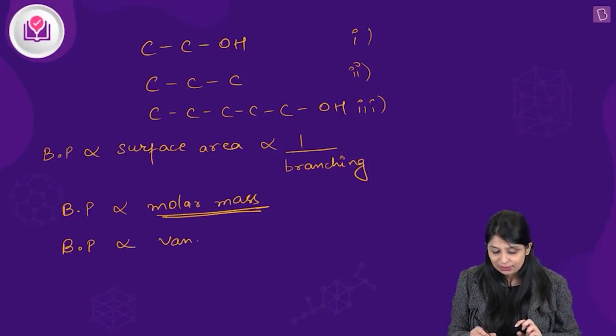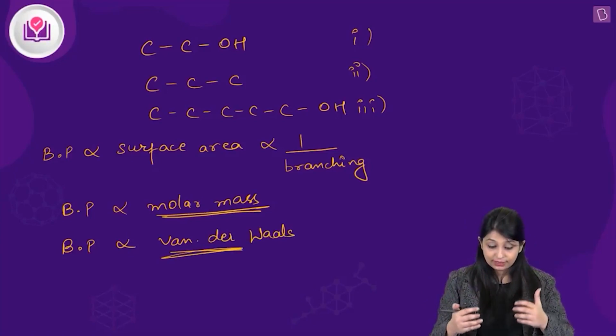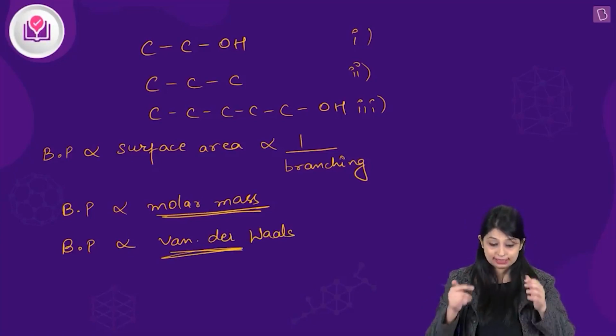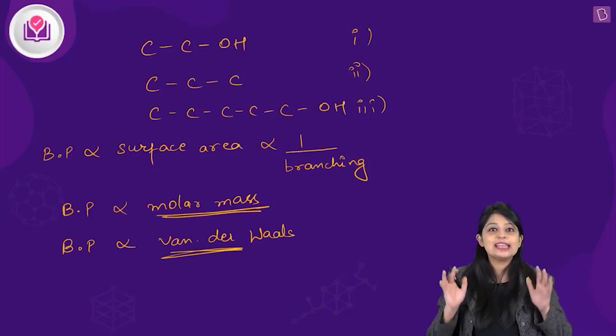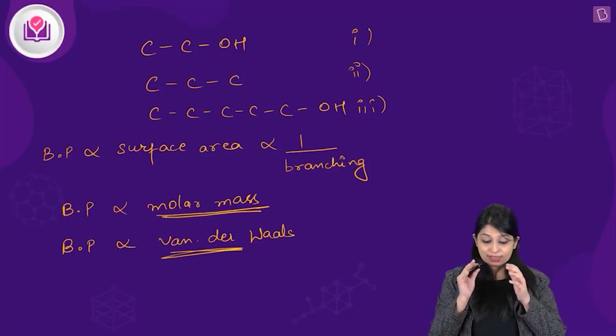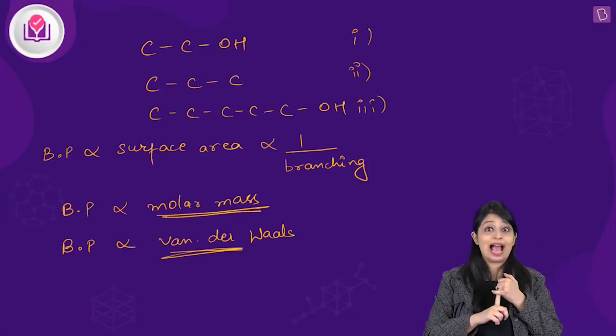Van der Waals interactions. Okay, so after knowing all these factors, now let's assign which of these 3 molecules will have the highest boiling point. Okay, so first if we look at the options, what do we have? We have alcohol and we have alkane.